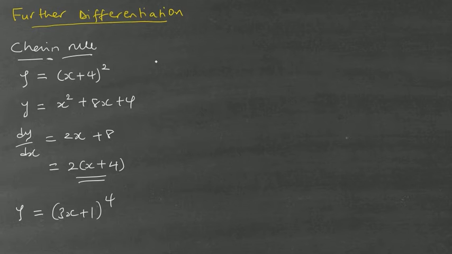Now for the chain rule, we introduce a new variable. We let what is in the bracket, a function in the bracket, be t.